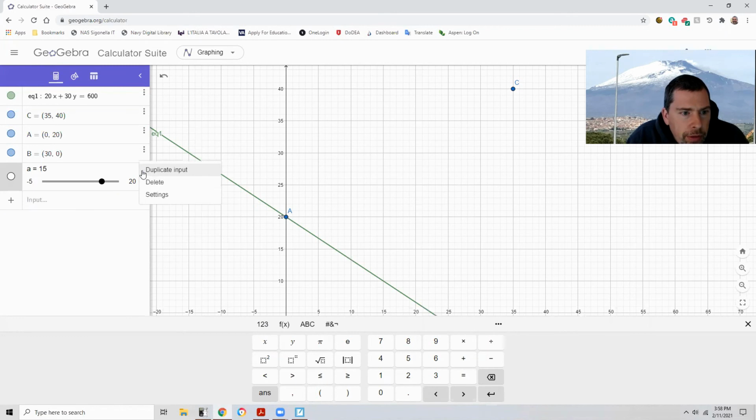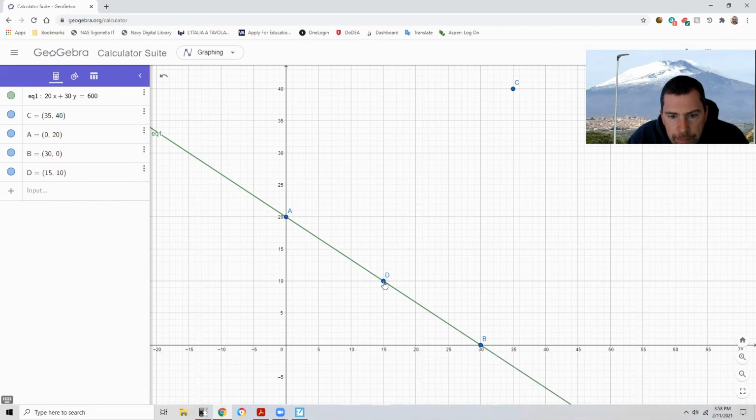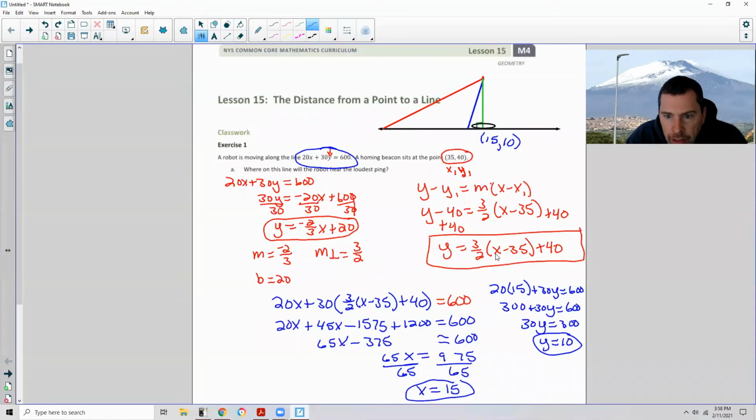Delete. Try that again. Input, parenthesis, 15, comma, 10, close parenthesis, return. There's D right here. So if I drew a line now, what was the equation of my line that I got? I'm just checking this with my calculator.